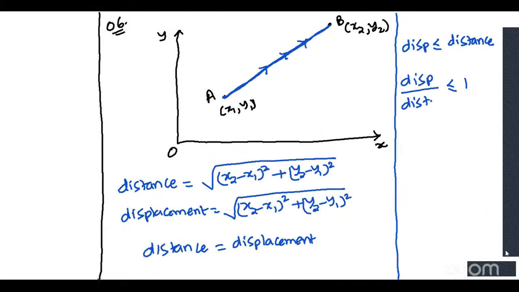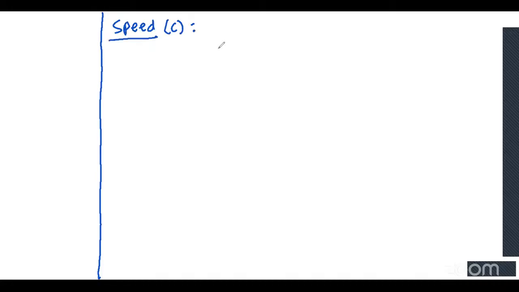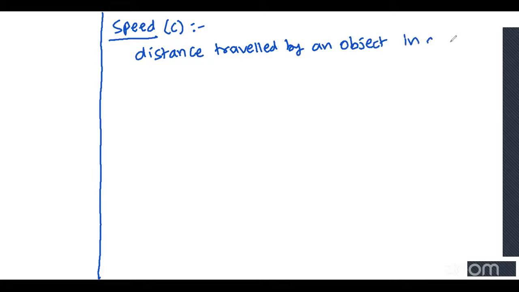Okay, next it is speed. Speed will be indicated with C. Speed is defined as the distance traveled by an object in a time interval.